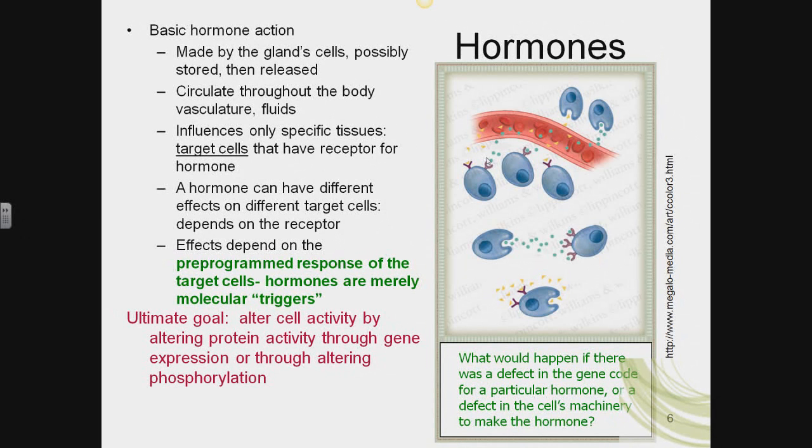But we also can change cell physiology by changing gene expression of that downstream cell. But all in all, whether it's phosphorylating or removing a phosphate group from a protein or increasing or decreasing a kind of protein that's being made, overall, all of that means that the downstream target cell is going to change in its physiology.